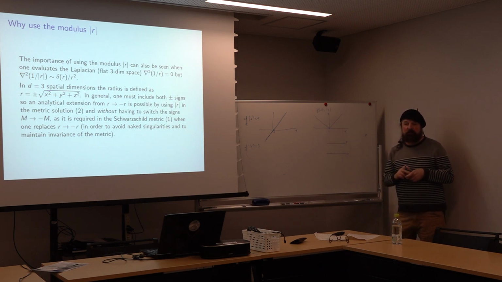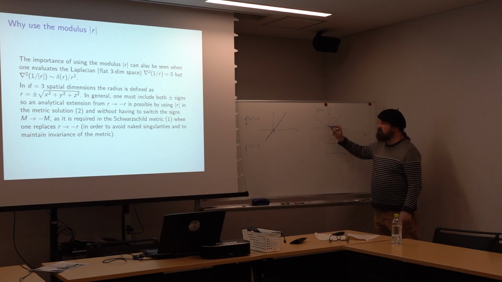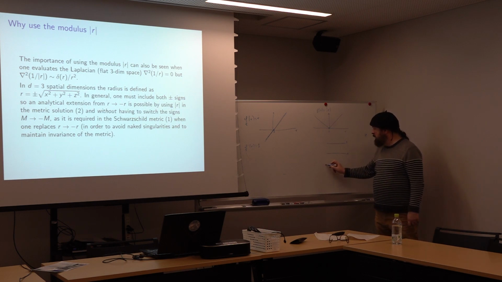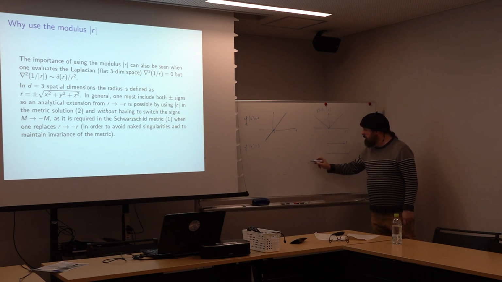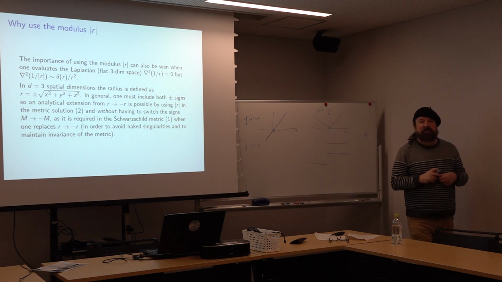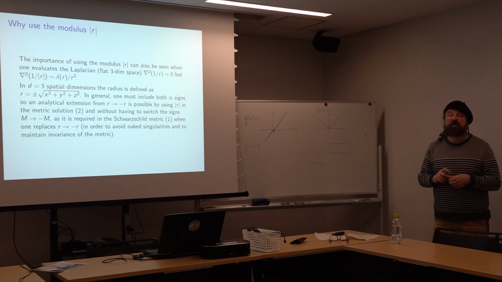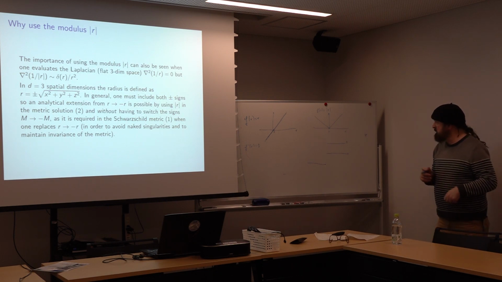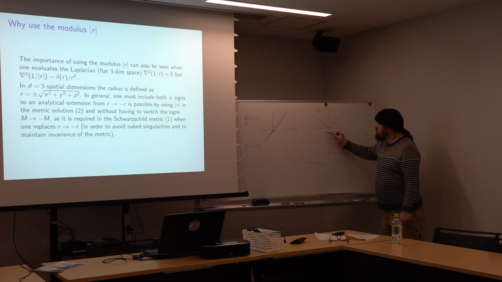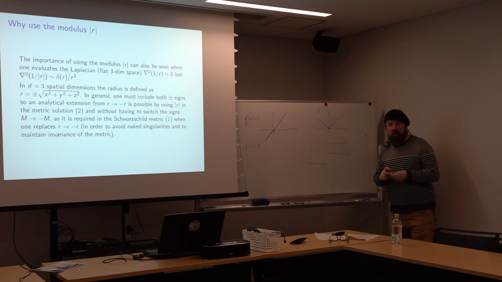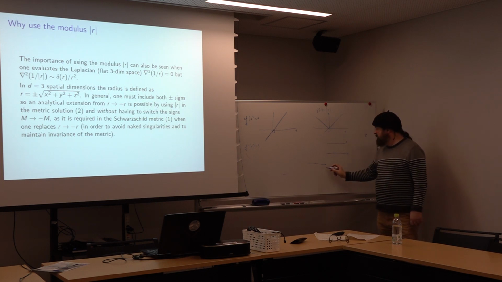For negative values of r, the slope is negative. And at 0, you're going to have a discontinuity because the tangent is discontinuous at the origin. The slope jumps from 1 to minus 1, so there has been a jump of 2.